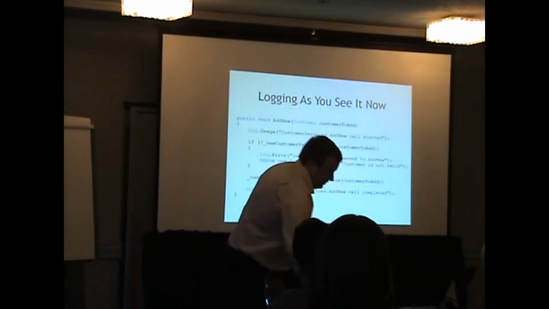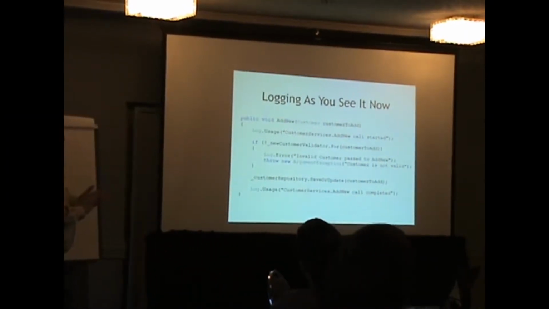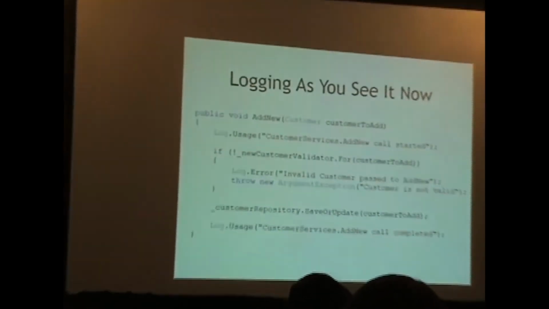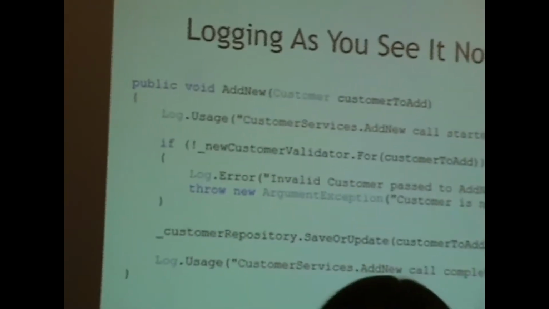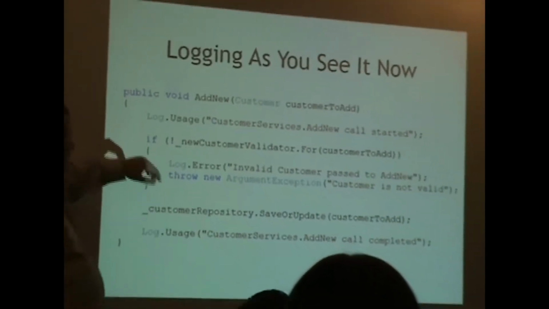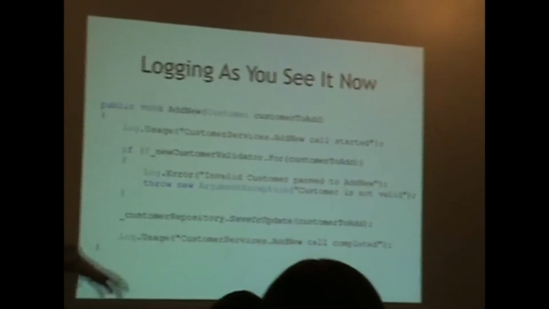So let's look at logging. Hopefully you guys at the back can see that. So this is kind of how logging's traditionally been done, right? You have your method, add a new customer. So this is our service layer. We put in that, hey, it was started, hey, it was ended.